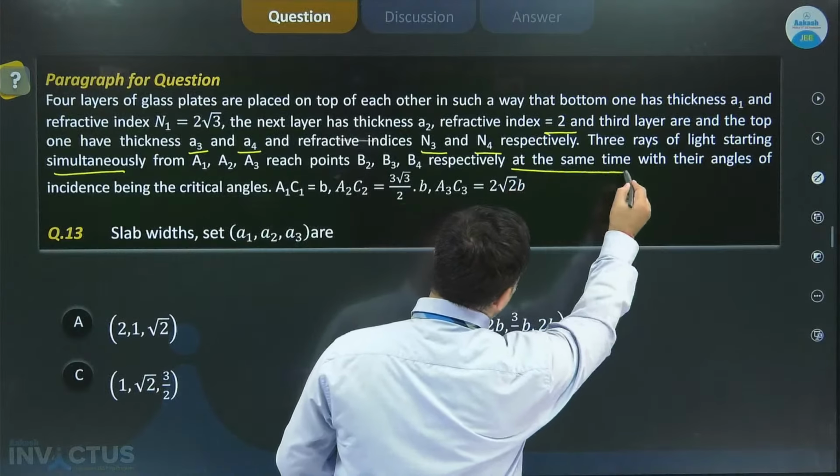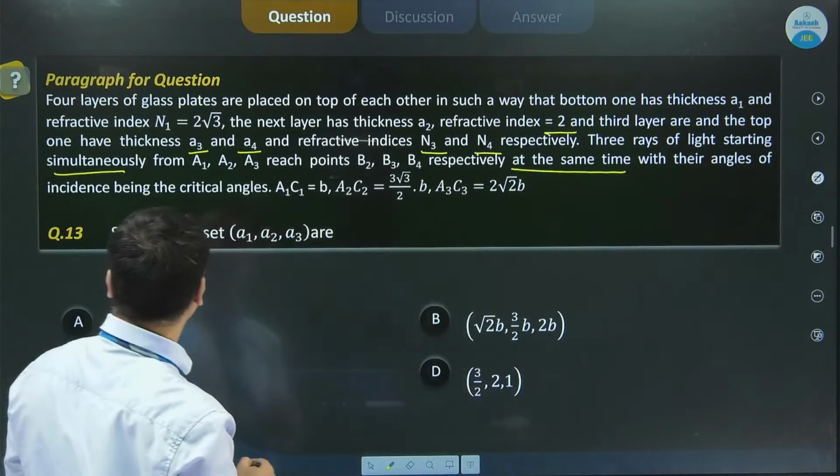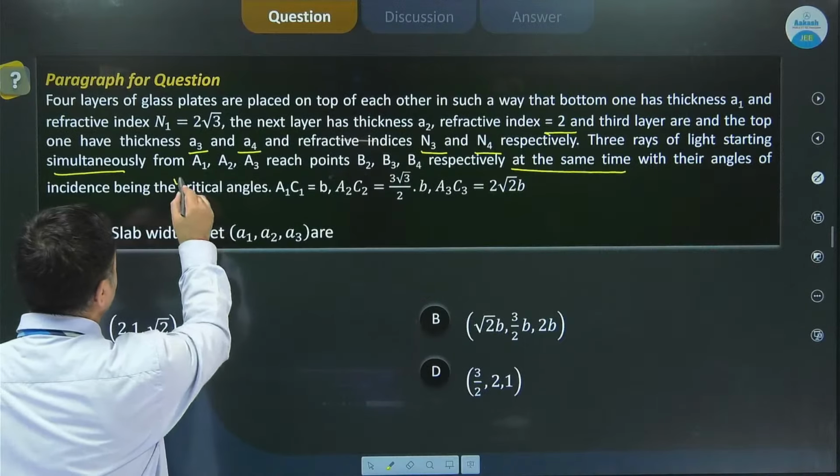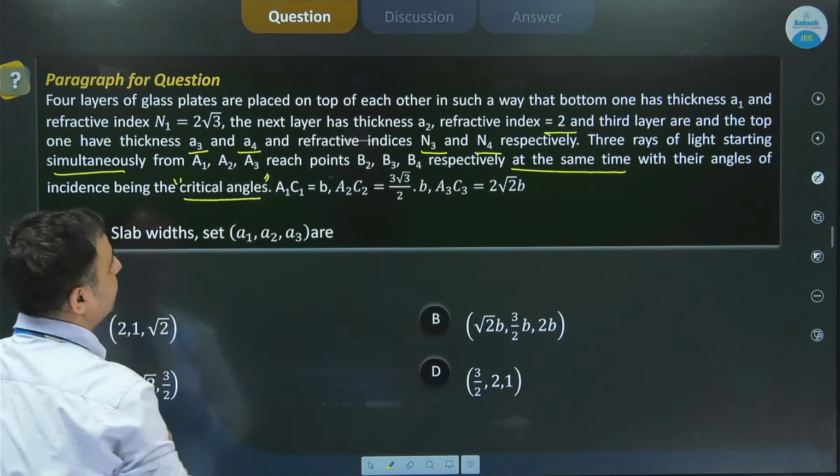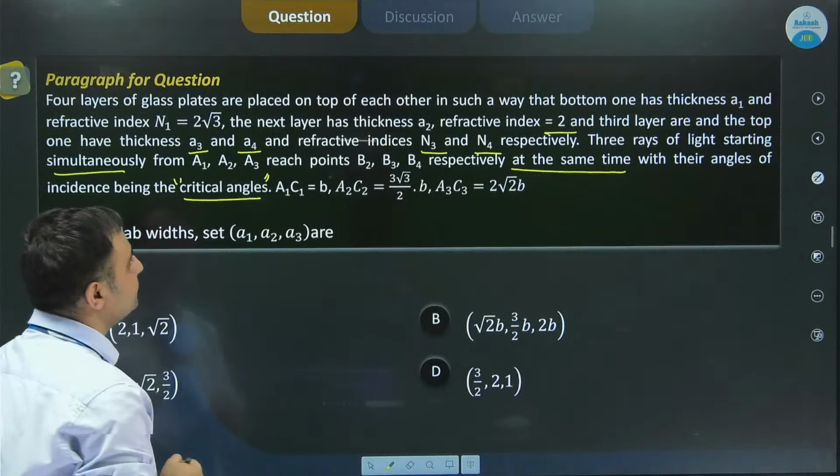Simultaneously start हो रही हैं और same time पर पहुंच रही हैं, critical angle पर incident हुई हैं. और ये कुछ distances मुझे given हैं.